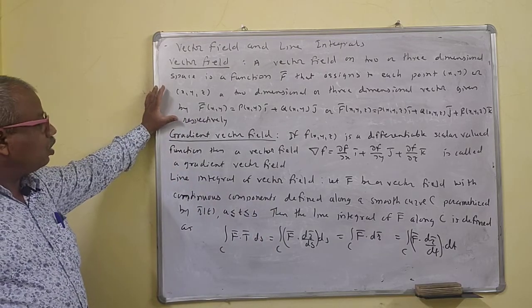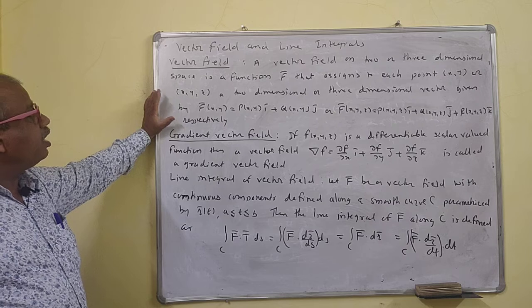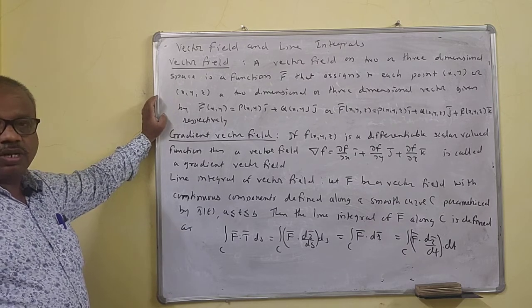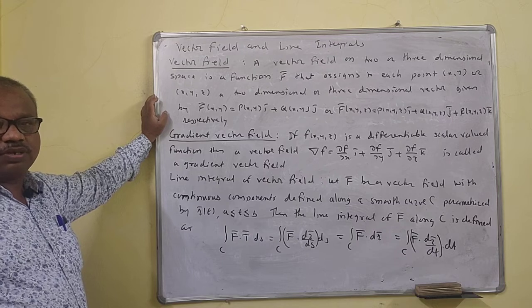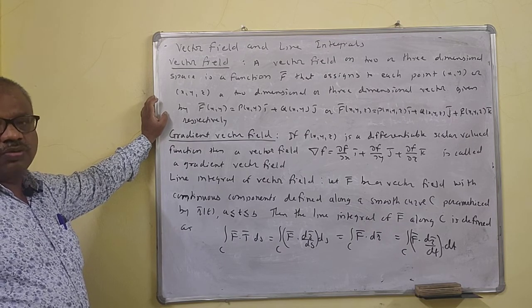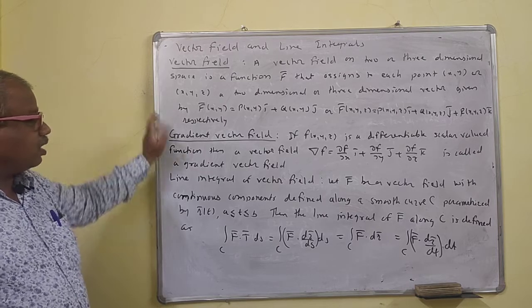Now we want to find the gradient of a scalar function. The gradient of a scalar function is nothing but a vector, and that is called a gradient vector field.